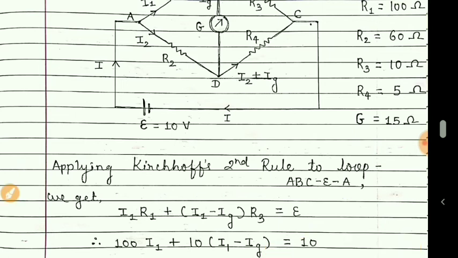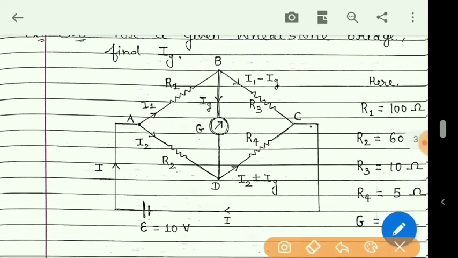ABCEA, that is this upper loop, this loop consisting of the battery also. Now students, you can see that if we move in a clockwise direction, then the current is in the same direction along the whole path.